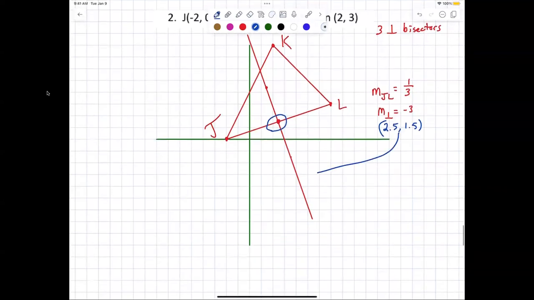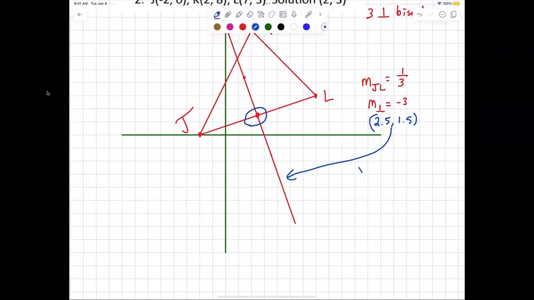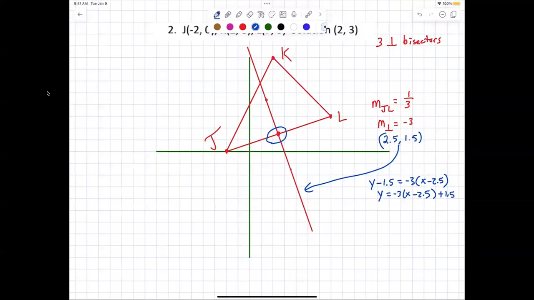The equation of that line is now what? y minus 1.5 equals... Very good. Now I'm just going to solve it for y and make it -3 parentheses x minus 2.5 plus 1.5. There's our first equation. We're almost done.